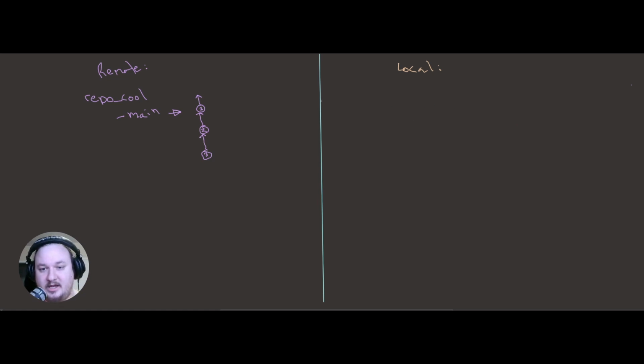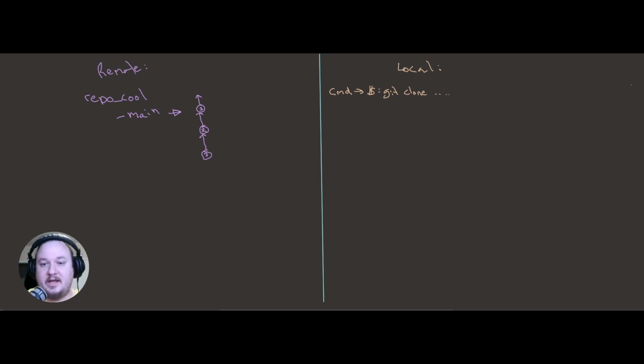So we can come over here to our local, and in our command line, I'll put the little bash sign here. We can type in our git clone, and then we're going to refer to the address of our remote. So it might be git@github.com:username/repo cool, right?